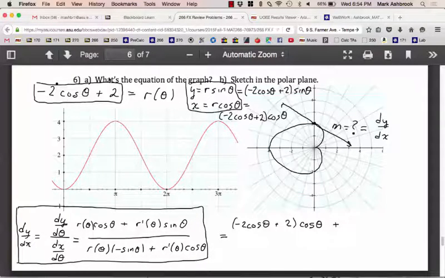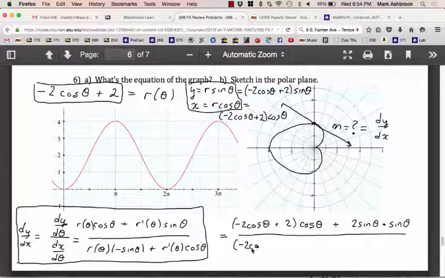We do the derivative of this, which will be 2 sine theta, times sine theta. All over r of theta, negative 2 cosine theta plus 2, times negative sine theta, plus r prime, still 2 sine theta, times cosine theta.